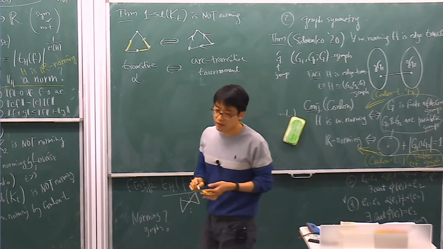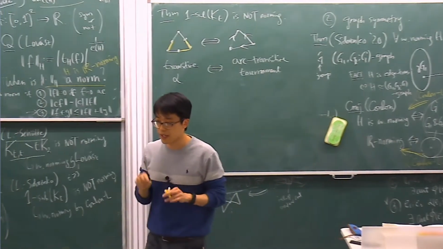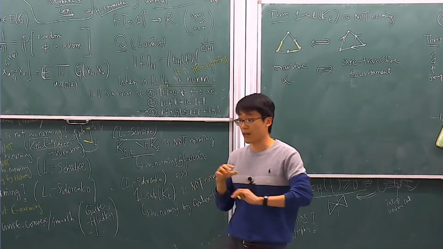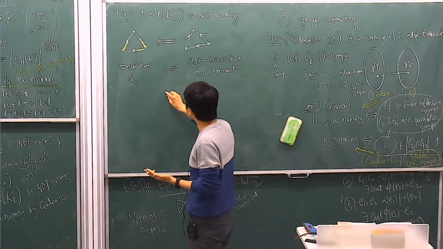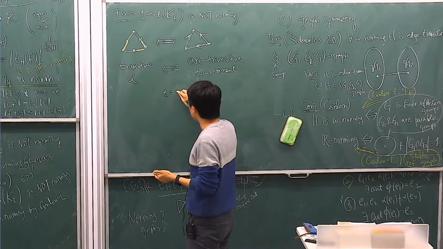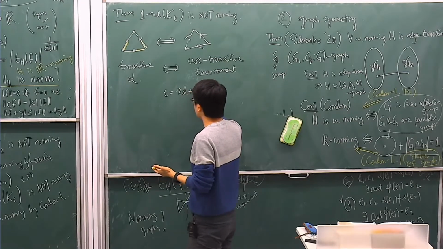To be arc transitive, you should have the same out-degree and in-degree for every vertex. So it easily follows that t must be an odd number.